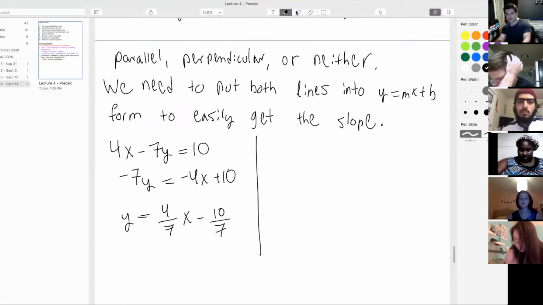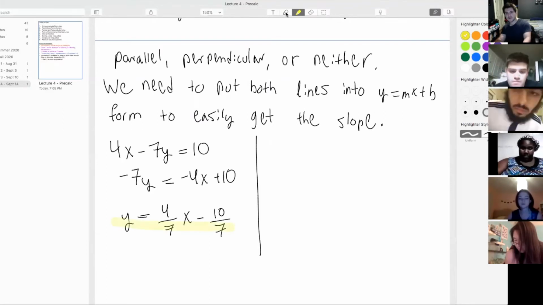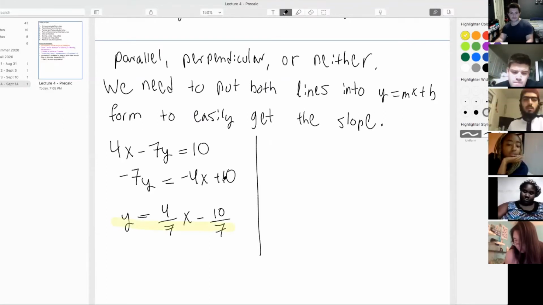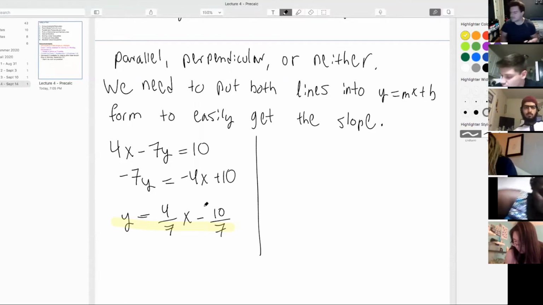That's in y equals mx plus b form. Shouldn't the 4 over 7 be negative? It is not going to be negative because I'm doing negative 4 divided by negative 7. A double negative is always a positive. So that's the first one.